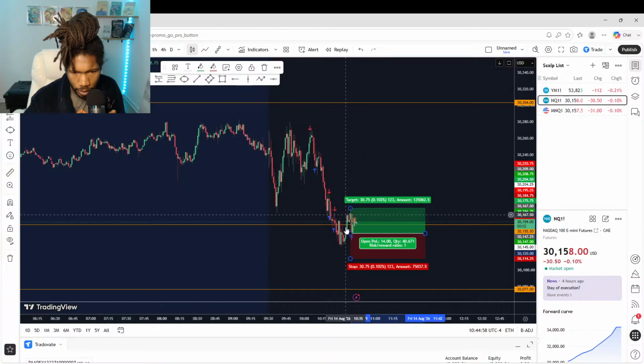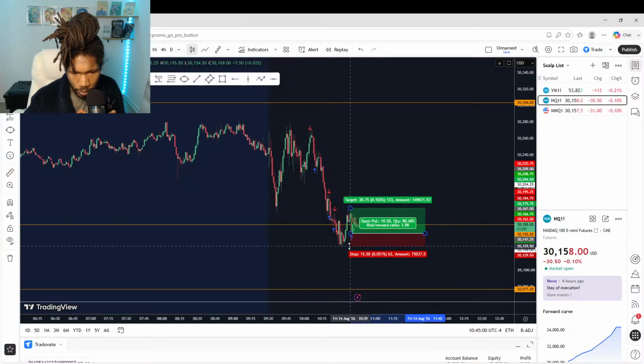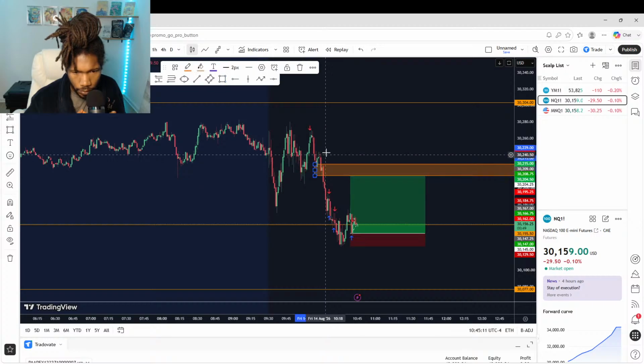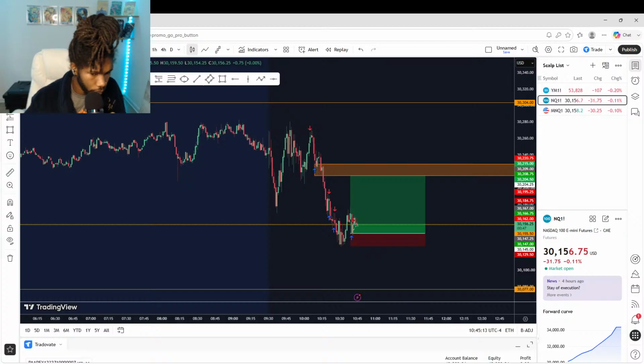Getting in right there. Stop at this low. Take it up to this level, to this continuation pattern. Boom. Money in the bag.